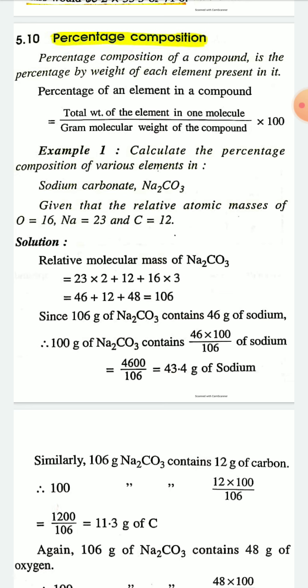and the atomic mass of sodium is 23, atomic mass of carbon is 12 and atomic mass of oxygen is 16. So the relative molecular mass of sodium carbonate is equal to 2 into 23 plus 12 plus 16 into 3, and it becomes 106.